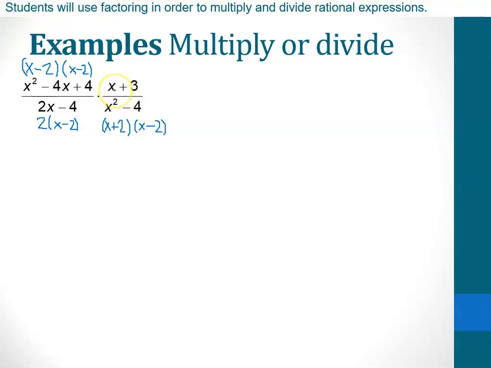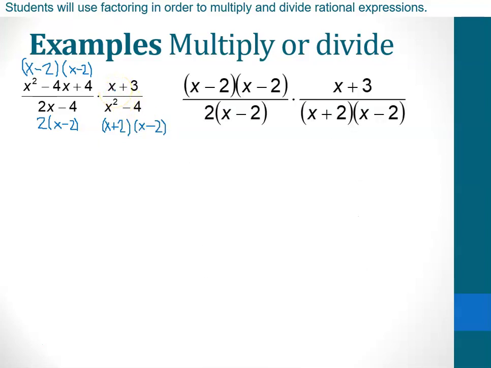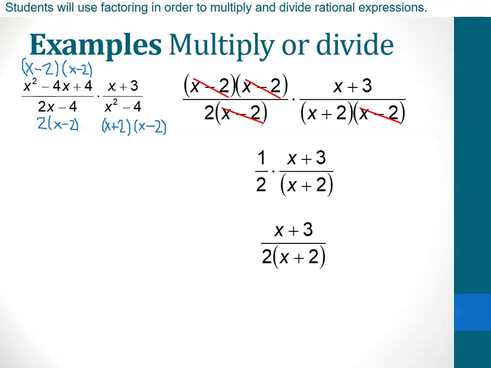X plus 3 doesn't factor, so now we look for what we can cancel. Sure, we can cancel x minus 2's. And that's all. So we have x plus 3 divided by 2 times the quantity x plus 2. And you can leave it like that in factored form.